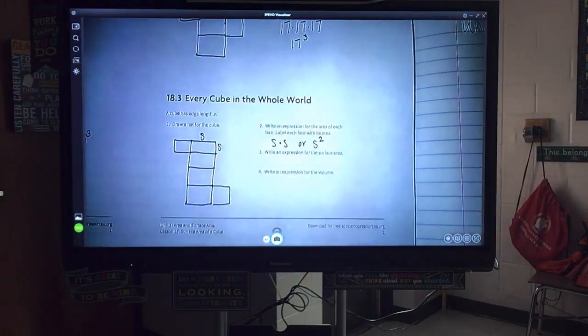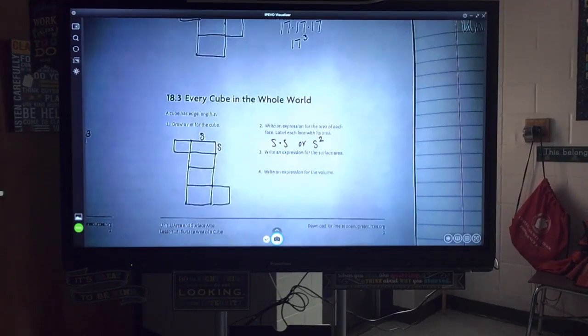All right, it says write an expression for the surface area. So the last two times we've done this, we've essentially done something, and then we've done the same thing to both of those. Rena, what do you think this is going to look like? I think each expression is an equation technically. Yes.